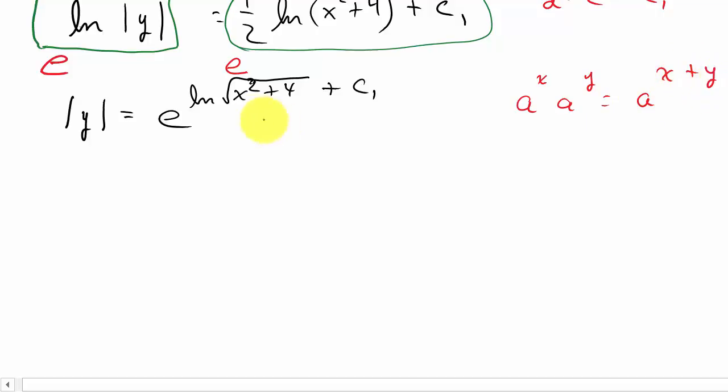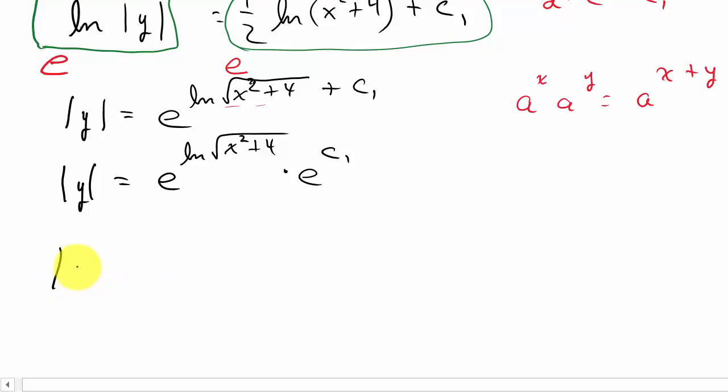So you can see this right here is like that x plus the y. So I'm going to rewrite it like this. That's going to give me absolute value y equals e to the natural log square root of x squared plus 4 times e to the c1.